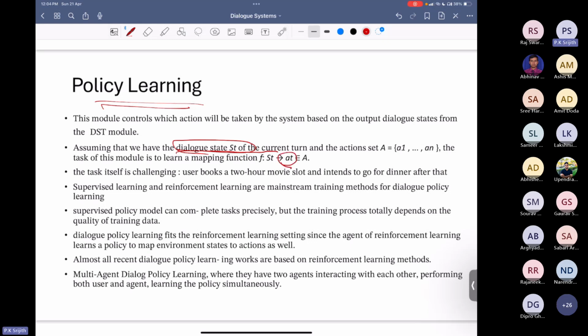So it is a mapping from the dialog state to some action, which is then fed to the natural language generation module.